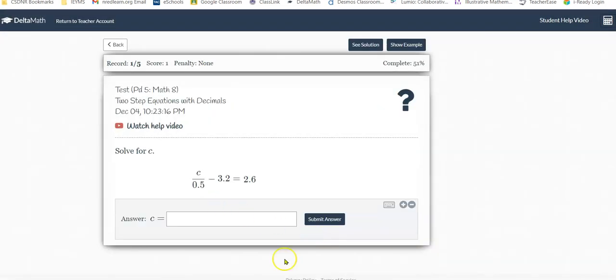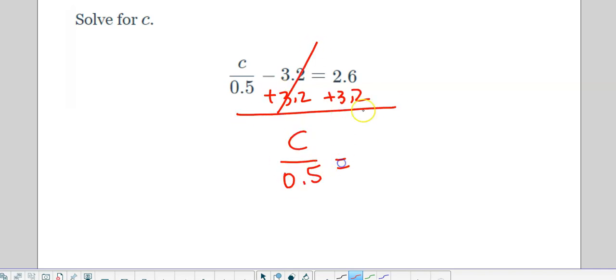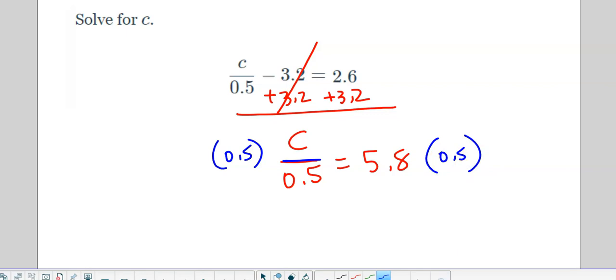Let's take a look at one last question here. So our constant is 3.2. We're going to add that to both sides. And use your calculator for this last part. Remember, the inverse of division is multiplication. So we're going to multiply both sides by 0.5.